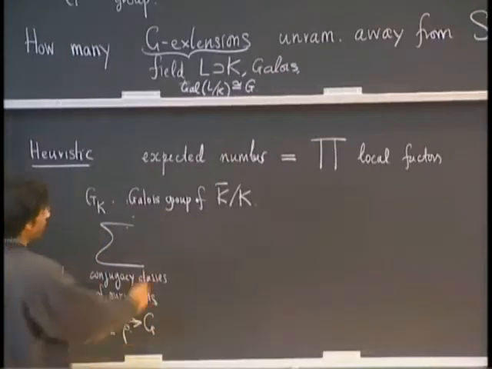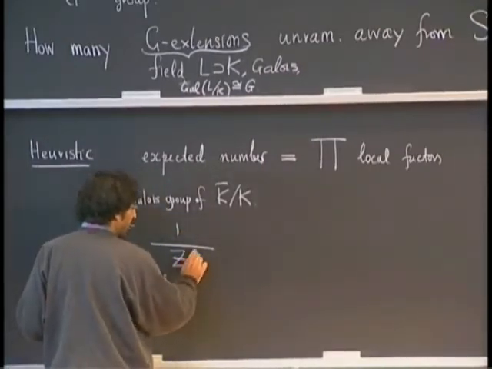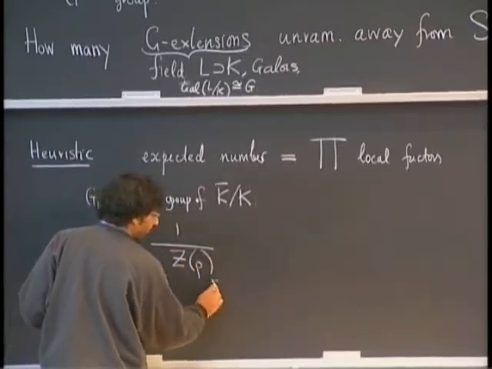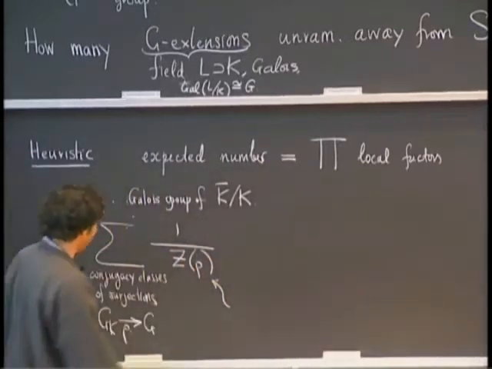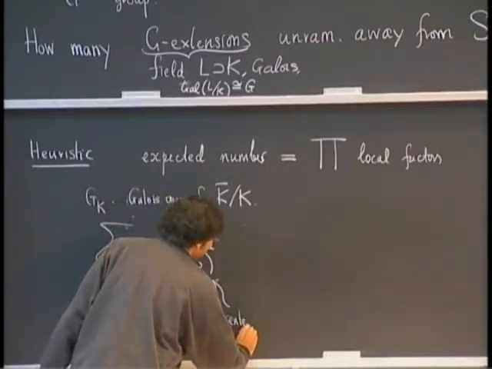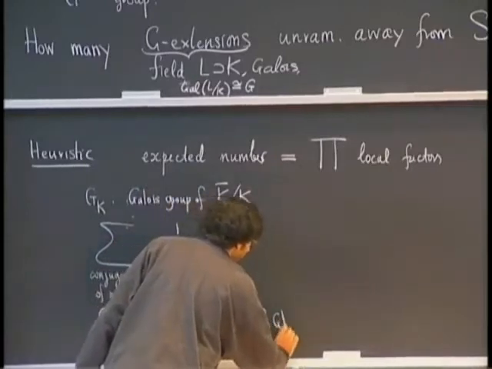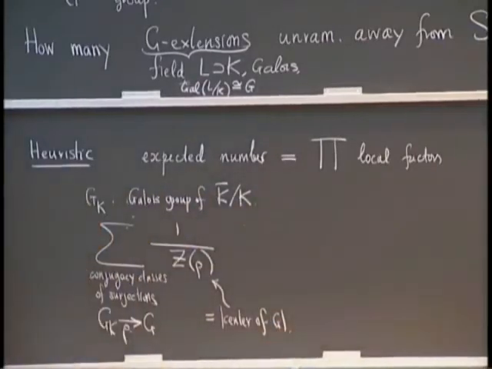And then we count them by 1 over automorphisms, as Manjul does. In other words, 1 over the centralizer of rho. That's the number of elements of G that commute with the image, so in this case it'll just be the size of the center of G, because I'm assuming rho to be surjective.